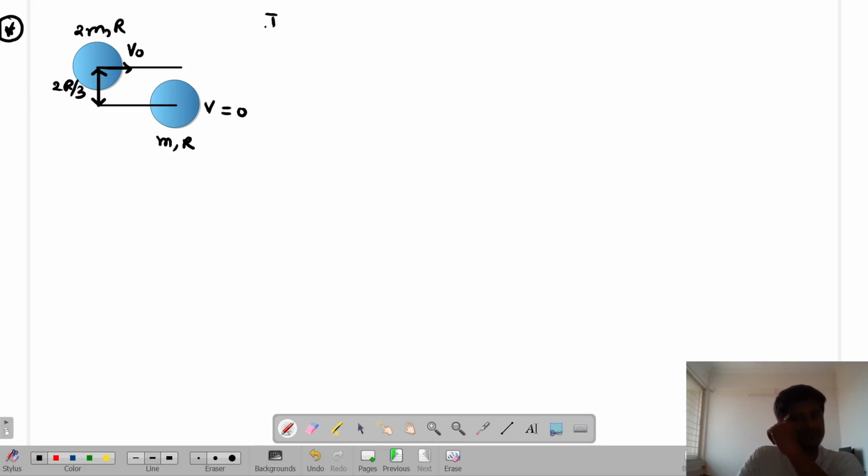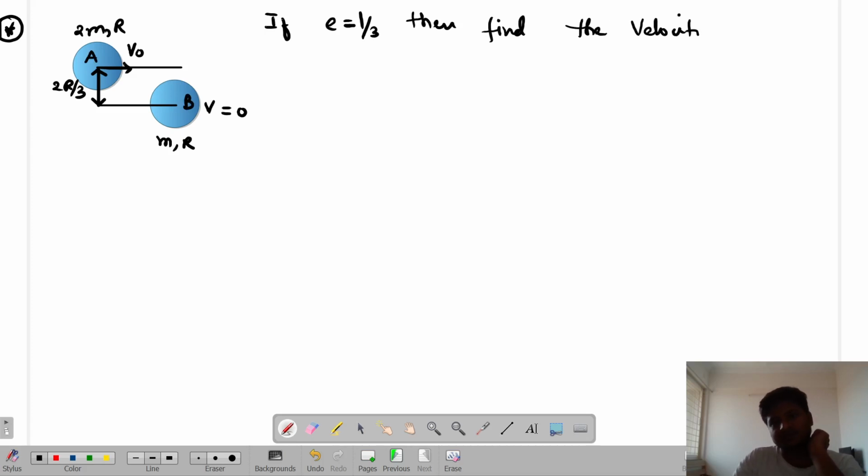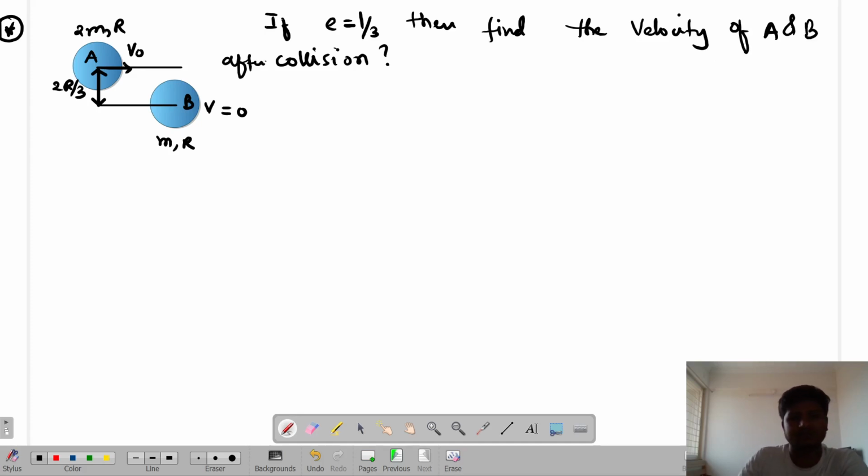Alright, if e is equal to 1 by 3, then, if this is ball A and this is ball B, find the velocity of A and B after collision.